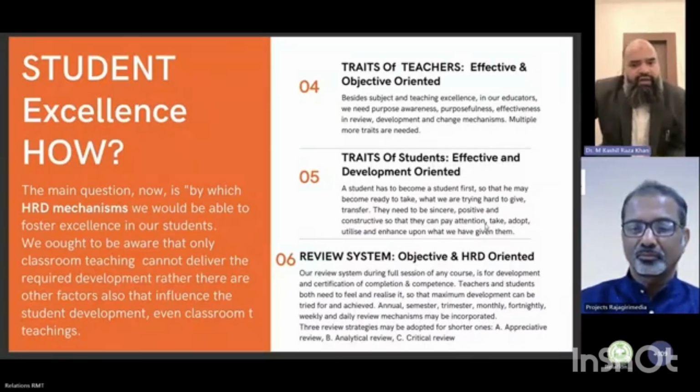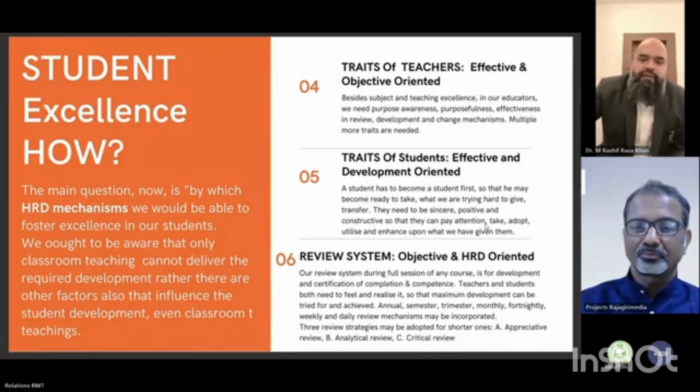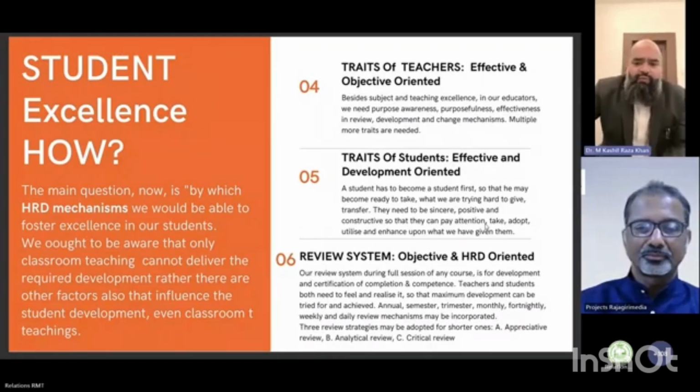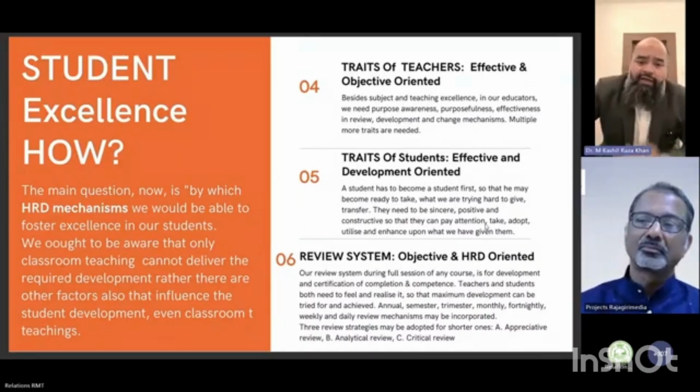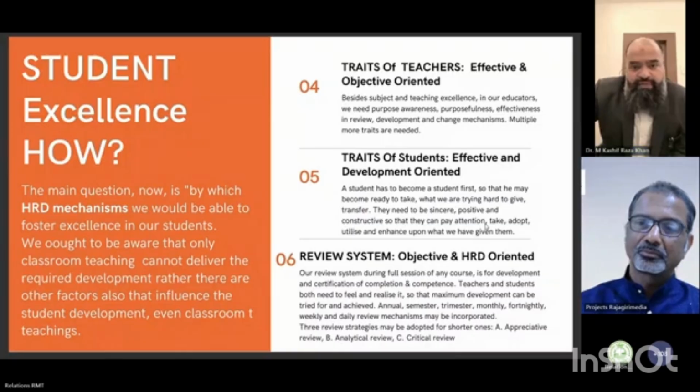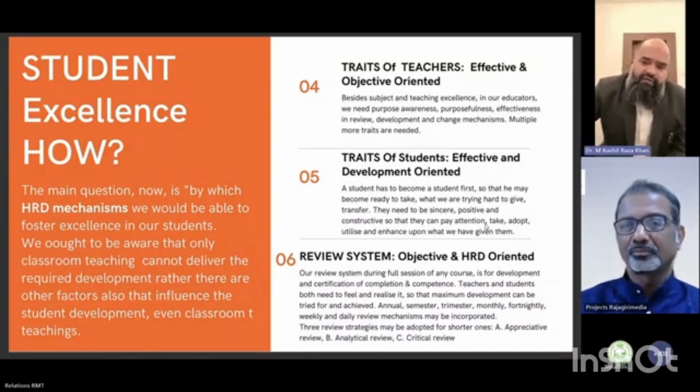In order to make our educators, who are already qualified in their subjects, already competent in their subject, very much competent in teaching subjects, and are light of knowledge, yet we need some more effectiveness in our respectable teachers.